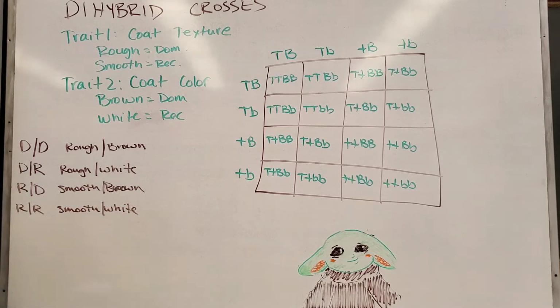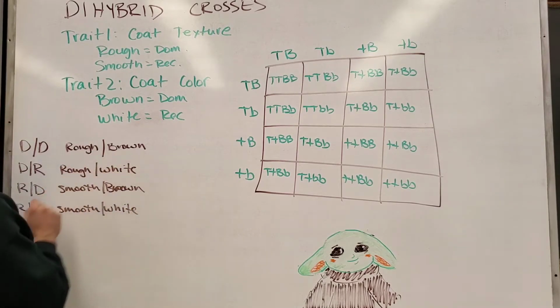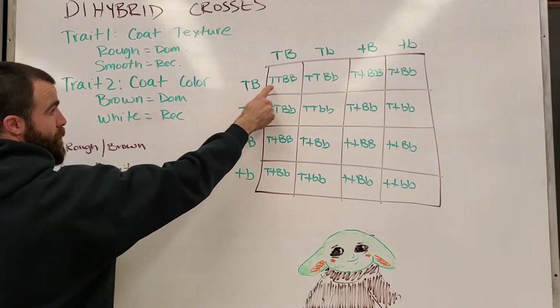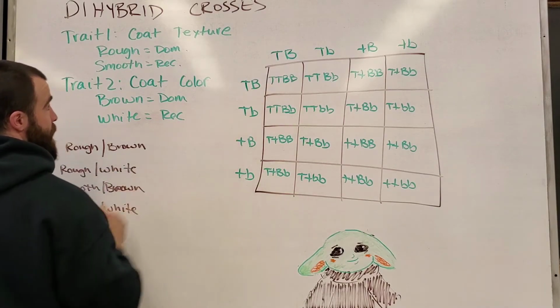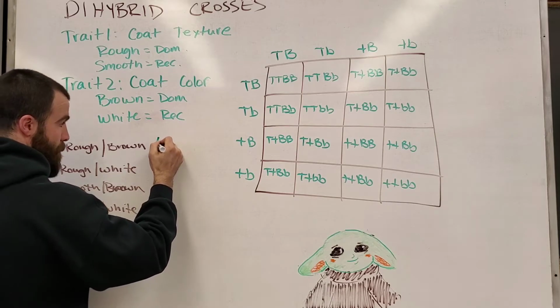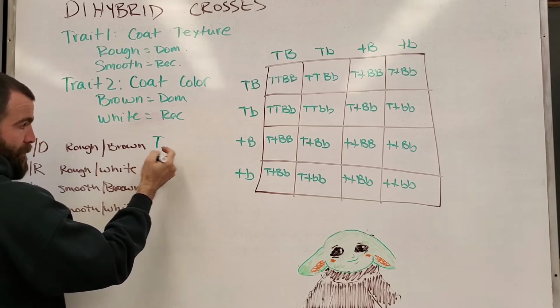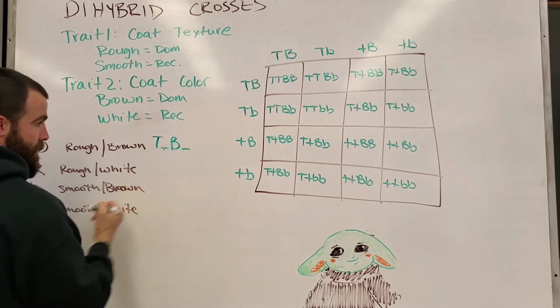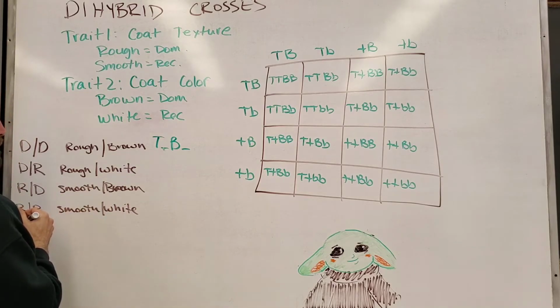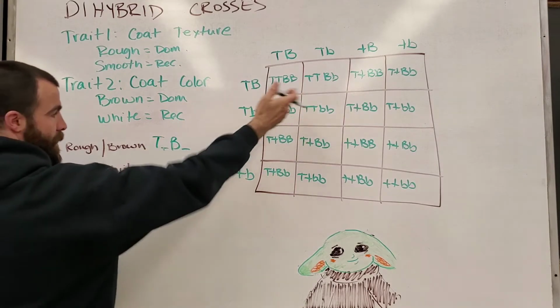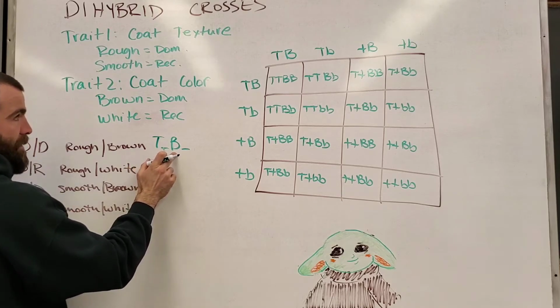What we'll be looking for here with this one is at least one big T and at least one big B. It doesn't matter if the next one is big or little. So how many of these are going to have at least a big T and at least a big B?